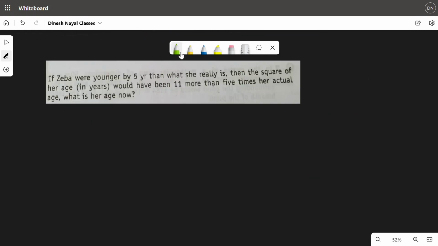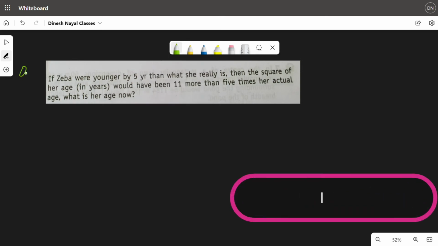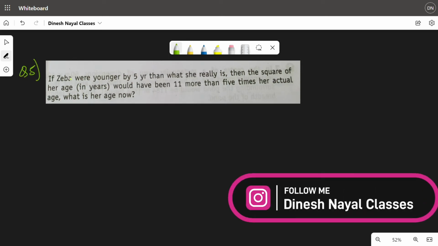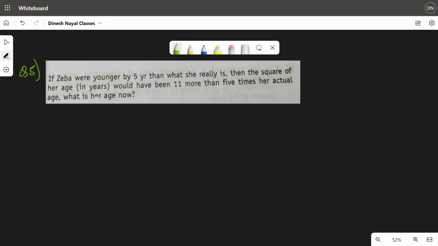Question 5 says that if Zeba was younger by 5 years than what she really is, then the square of her age in years would have been 11 more than 5 times her actual age. What is her age now? So let Zeba's actual age, or the present age, be equal to x.